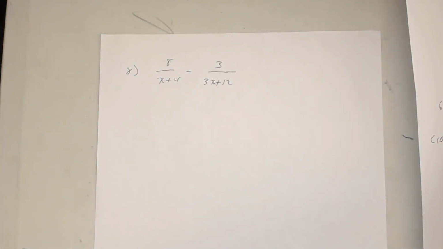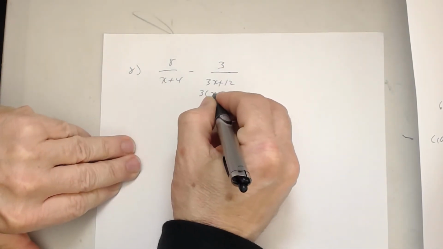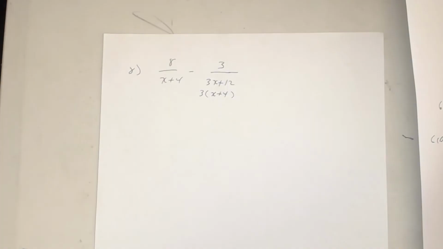So 8 divided by x plus 4 minus 3 divided by 3x plus 12. Step 1 is to factor the denominators. Can I factor the denominators? Yes, I can factor the second one. So right underneath here, I'm going to put 3 times what? x plus 4. You all agree? Yes. So that was step 1. Step 2 is to find the LCD. What is the LCD? 3 times x plus 4.